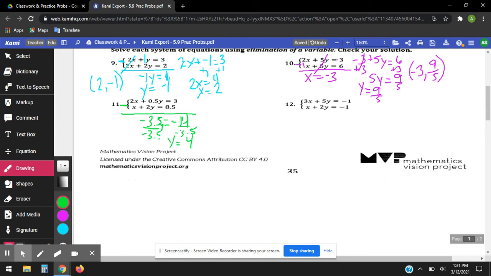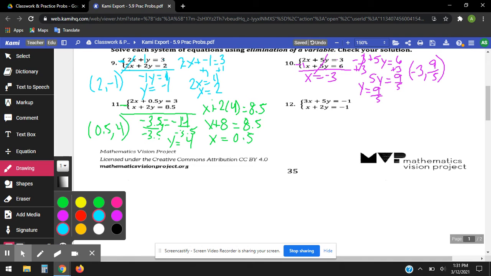So I'm going to go back to that and go x plus 2 times 4 equals 8.5. Well, x plus 8 equals 8.5. x has to be 0.5. So this coordinate would be 0.5, comma, 4.